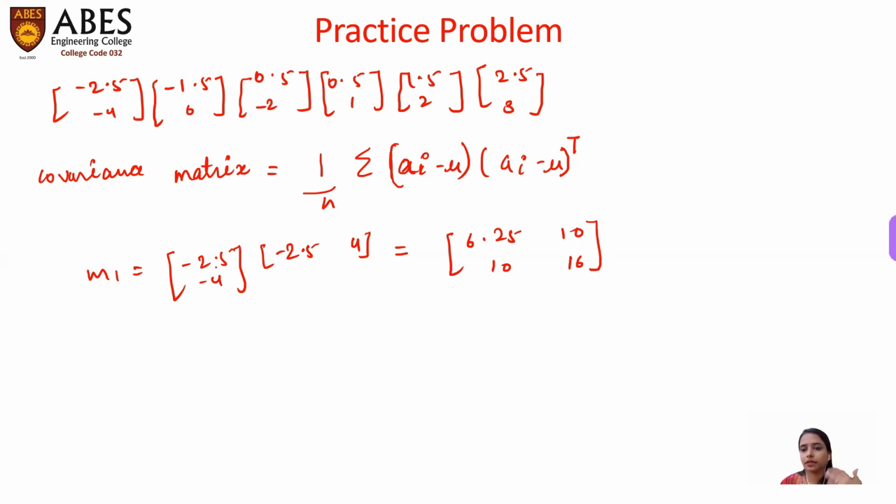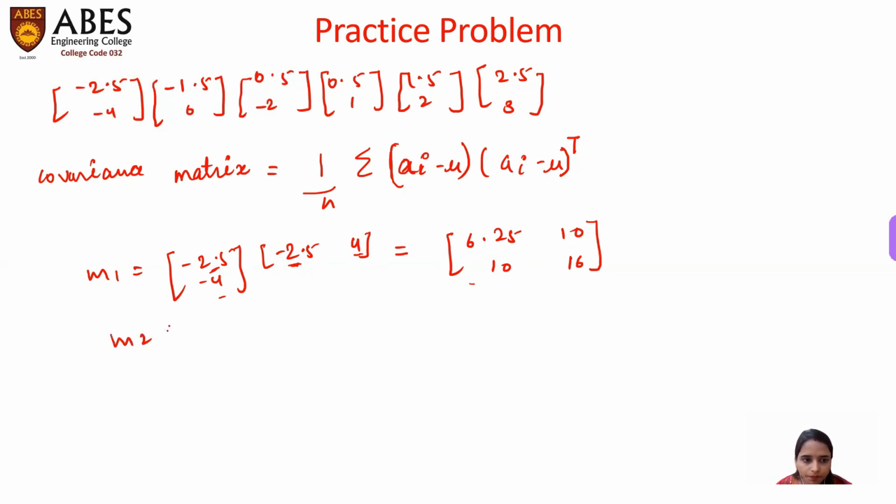Matrix addition and matrix multiplication we have already learned in our previous subject, in our mathematics also. So minus 2.5 times minus 2.5 is 6.25. Minus 2.5 times minus 4 is 10. Minus 4 times minus 2.5 is 10. And minus 4 times minus 4 equals 16. This is how we got these values.